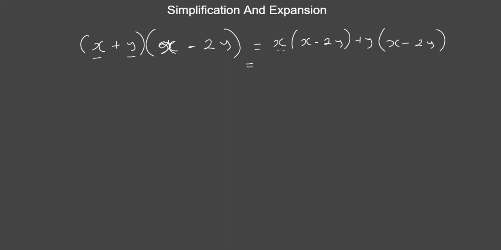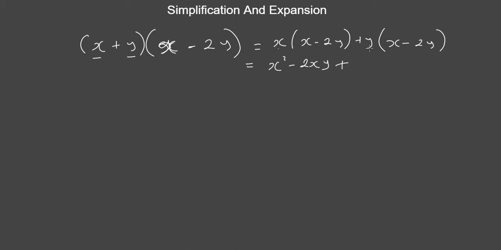Now that we have a single term multiplying an expression, you just go ahead and multiply. So you say x times x, that will give you x squared. Why? Because I'm multiplying x raised to the power 1 times x raised to the power 1, which is x raised to the power 2. Then x times minus 2y gives you minus 2xy.